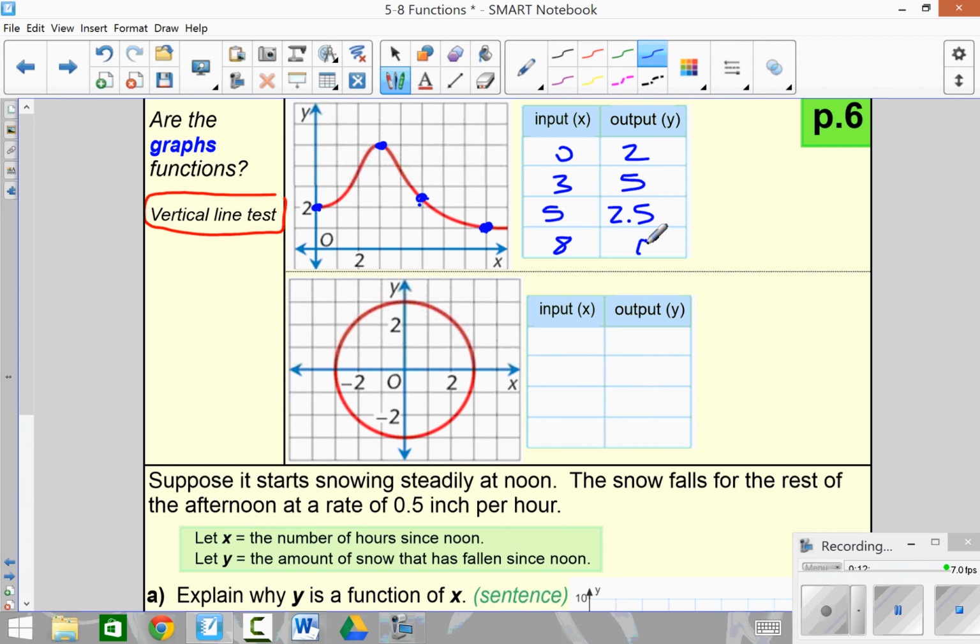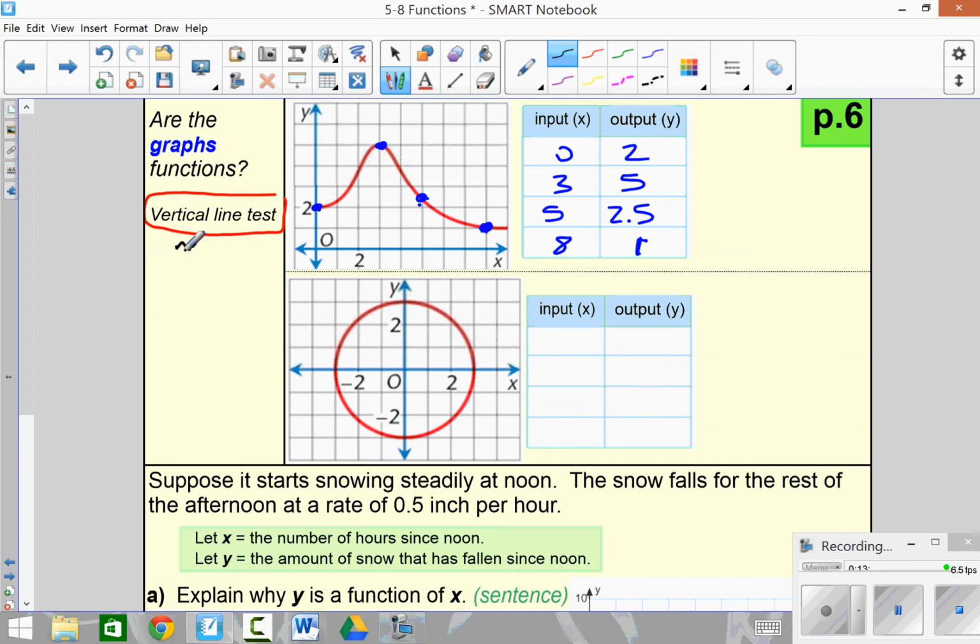According to the 4 ordered pairs, does each input have one output? It doesn't look like I have multiple outputs. So yes, according to the table from the ordered pairs I picked out from the graph, this represents a function. Well, what the vertical line test shows is this, and this is the easier way to do this. If you can draw a vertical line anywhere on this graph, and it only passes through your vertical line once.